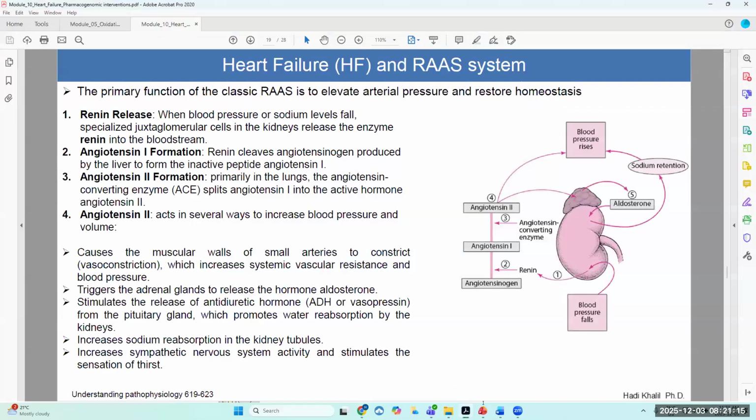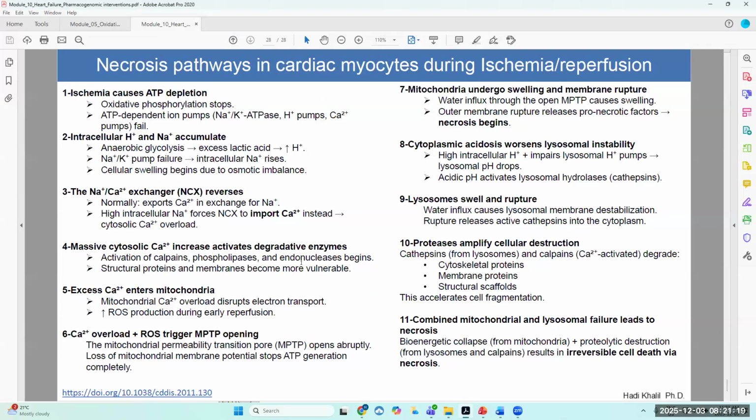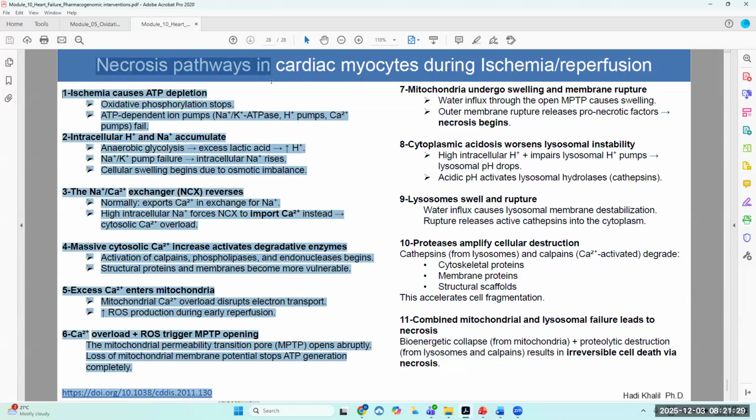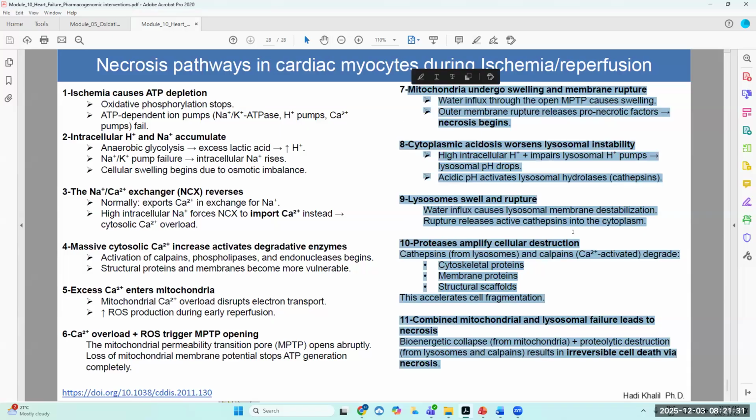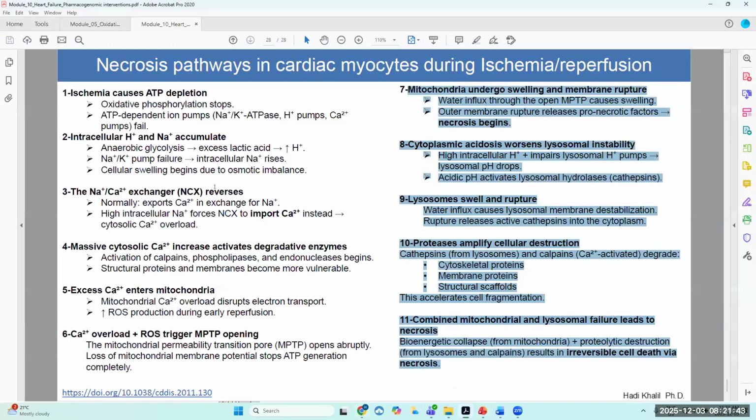So this is a slide that we discussed in the beginning of the class and at the end of the class. And I'm not necessarily asking you to memorize every single step. Okay. If I have that in the exam, list and briefly discuss the steps of the cardiac myocyte necrosis after ischemia, there are a few key factors that are happening here.